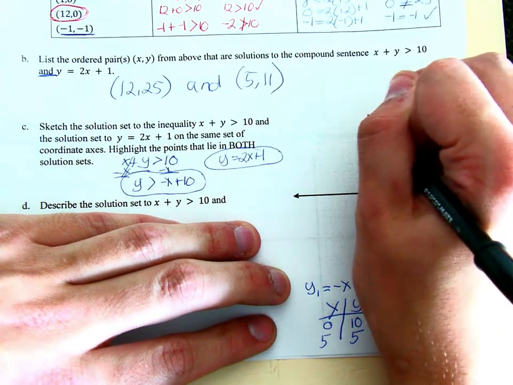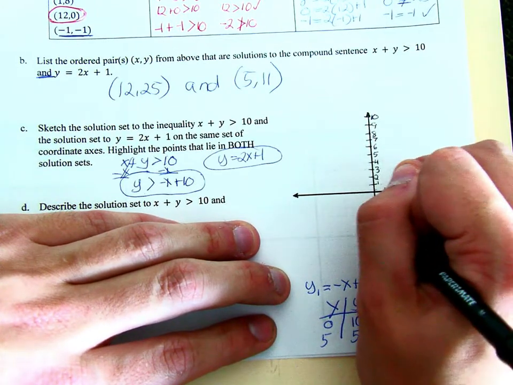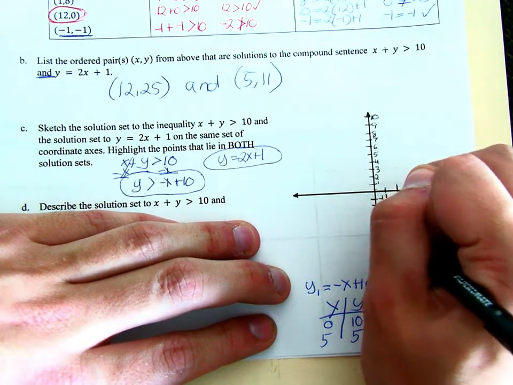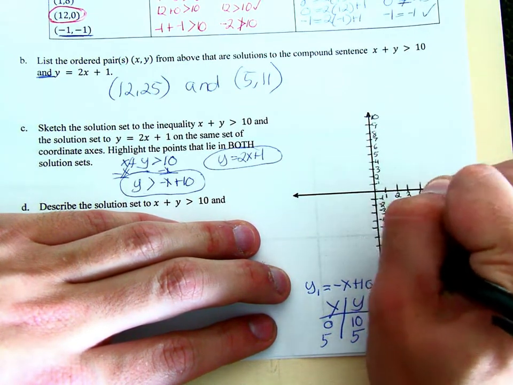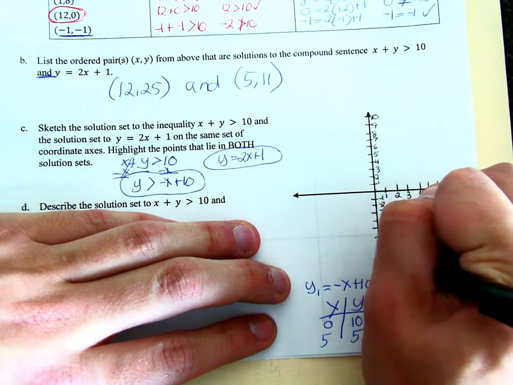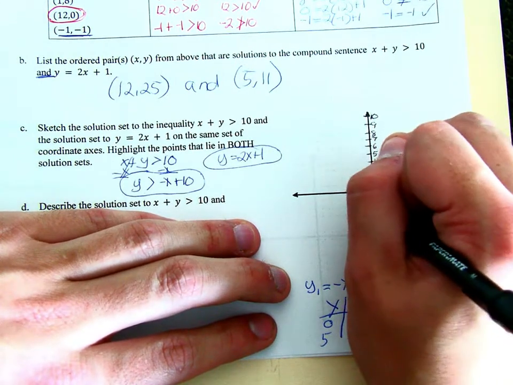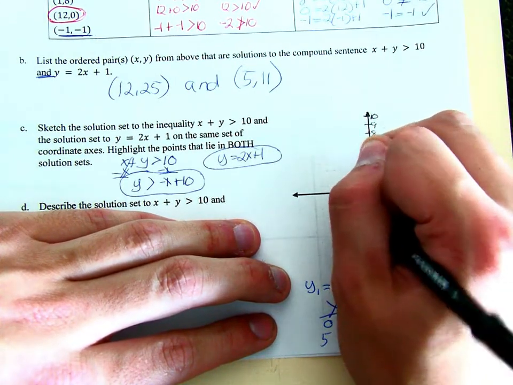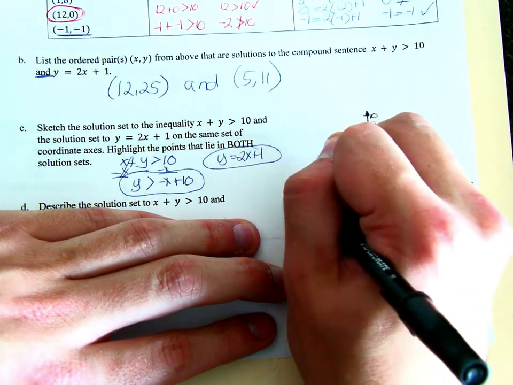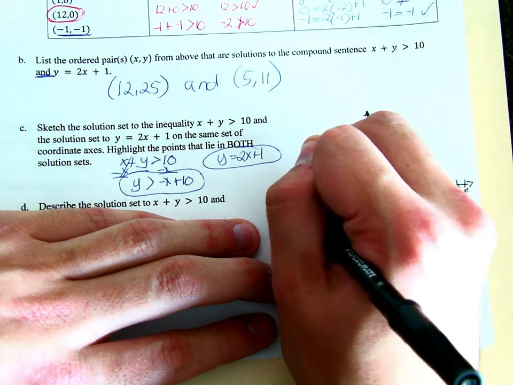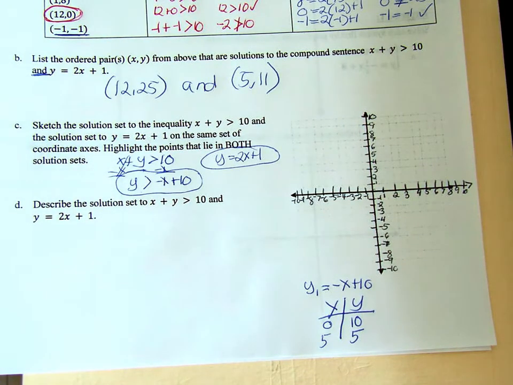And I'm going to go down by 1: negative 1, negative 2, negative 3, and do the same thing in x. Go down by 1, negative 1, negative 2. Okay, so now I have my axes.